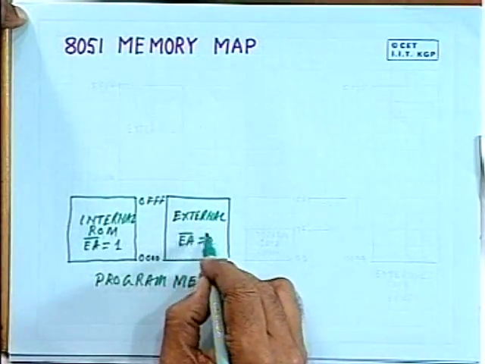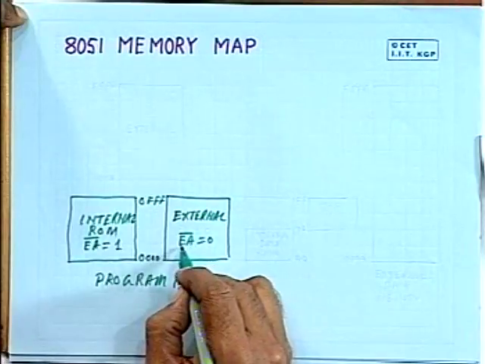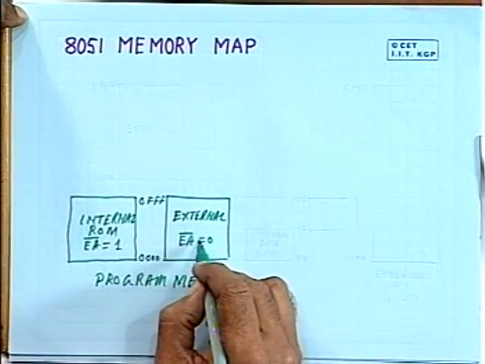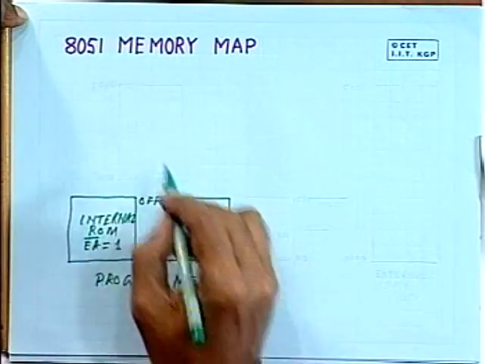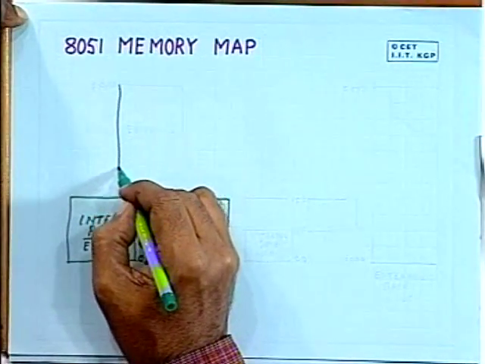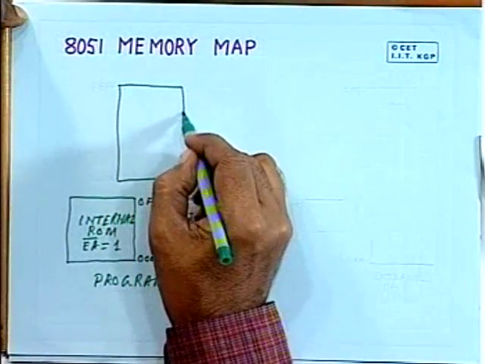However, whenever you are using this pin EA, external address, and connecting it to ground, that means your memory is external. In such a case, you can have a very large memory up to 64 kilobytes.